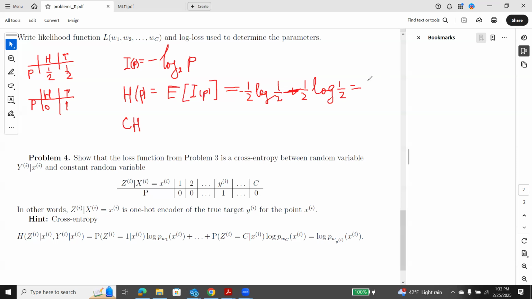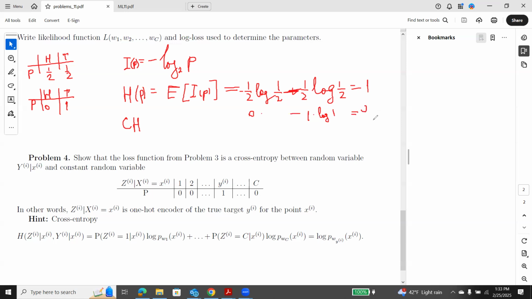So what is the value? 1. If you calculate this for the biased coin, it will be 0 times something minus 1 times log of 1, and log of 1 is 0. You will get 0.